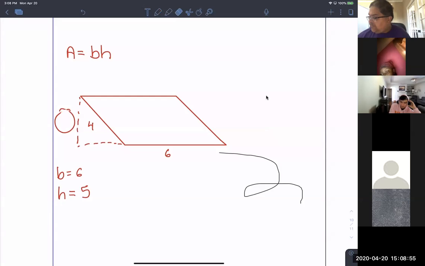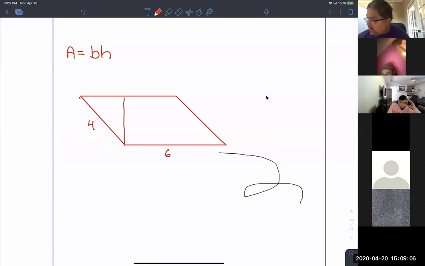And others, you might get this type of depiction. Okay. Same thing, the height is 5 and the base is 6. Now, notice, this can also be the height.